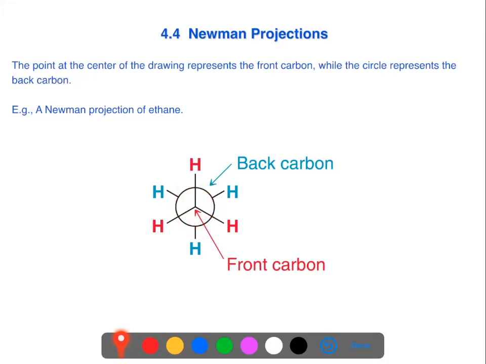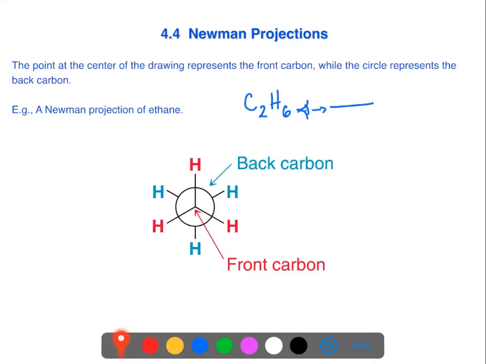So for ethane, which we know is C2H6, and this is our bond line structure, what we're doing is we're looking down this particular carbon-carbon bond. It's the only carbon-carbon bond in ethane. What's attached to this front carbon is 3 hydrogens, and what is attached to the carbon in back is also 3 hydrogens.